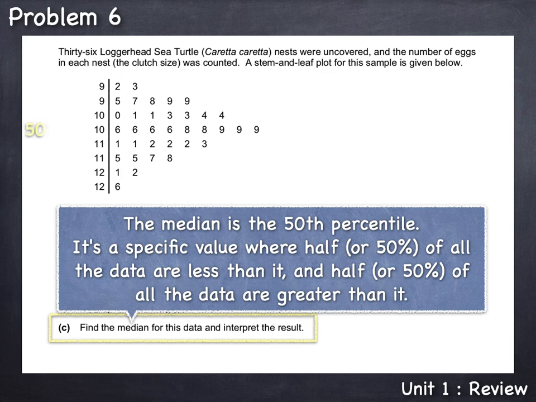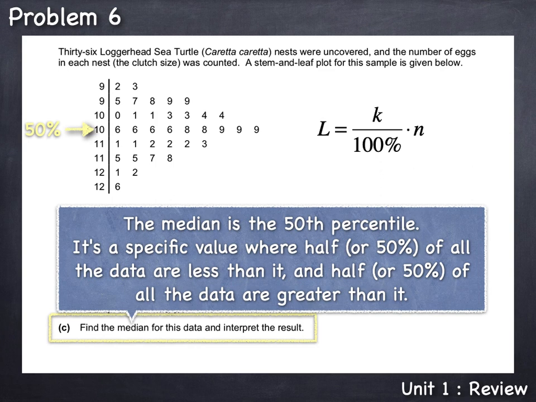The median, or 50th percentile, is the center divider, right where half are less than and half are more than. So it's somewhere in this region, right in the middle. Using our formula of L, the number less than, is equal to the K percentile divided by 100% times N, the sample size.